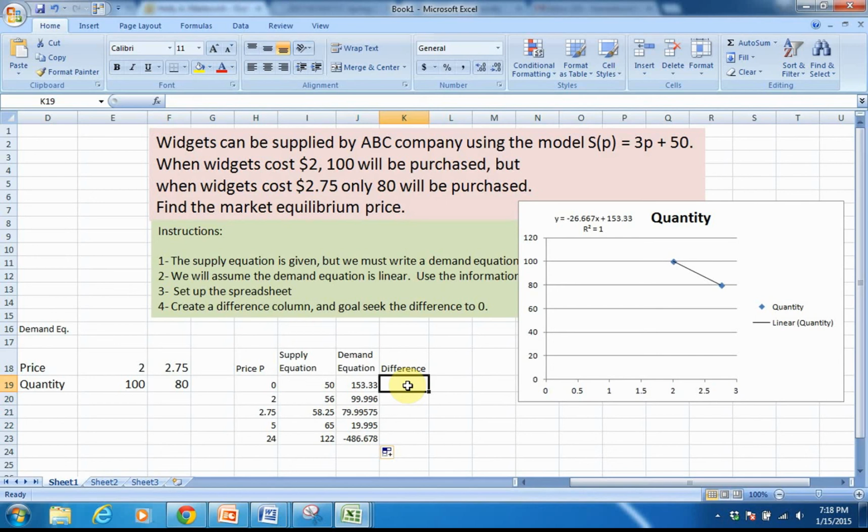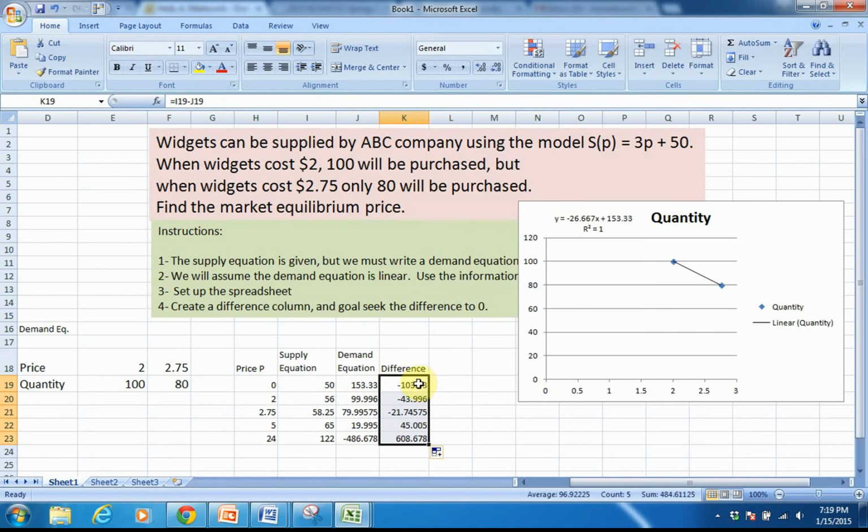The difference is a very simple formula that we create. We start with our equal sign, and we're literally going to subtract, take the supply equation minus the demand equation. Remember, these are amounts, these are quantities, so it's the difference between the quantity supplied and the quantity demanded. We'll double click that down.